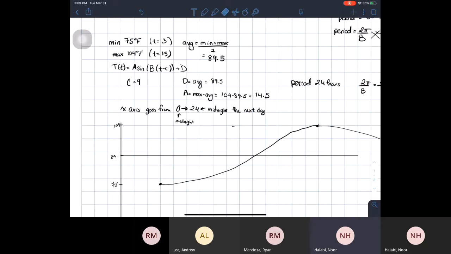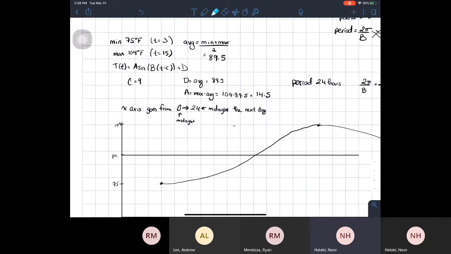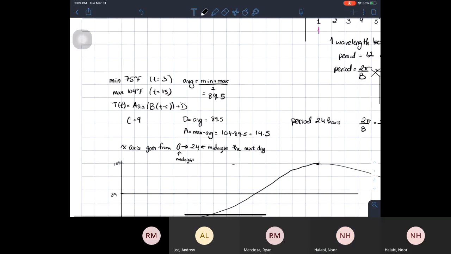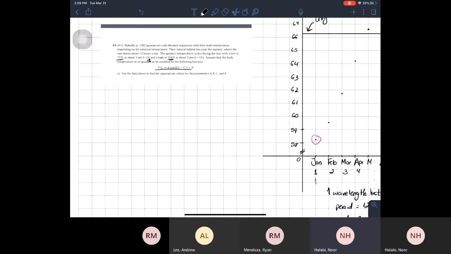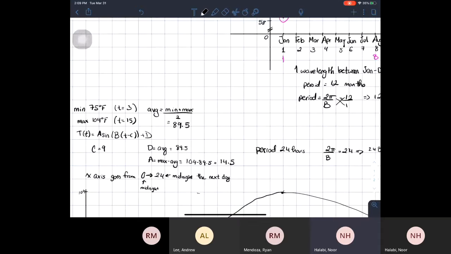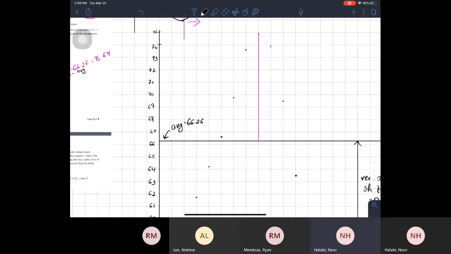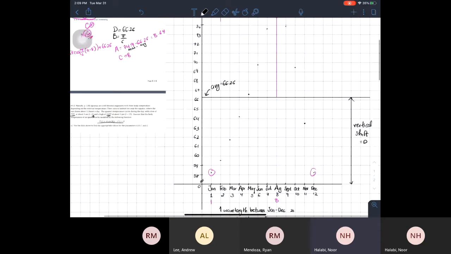So I got 89.5, and now I know this is my D, the new vertically shifted x-axis. It shifted up by 89.5 units. Now I also figured out A, because looking back, the amplitude of the graph is the number of units between your average and the highest point on the graph, or the lowest, it doesn't matter.